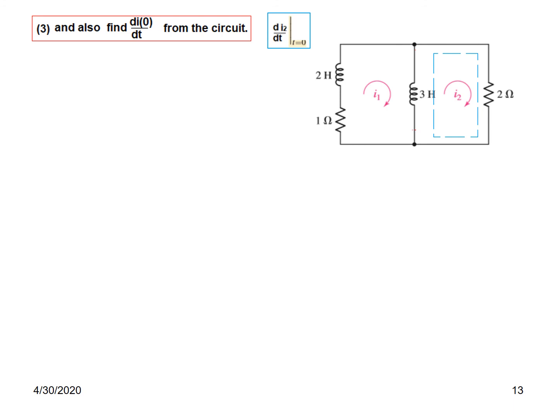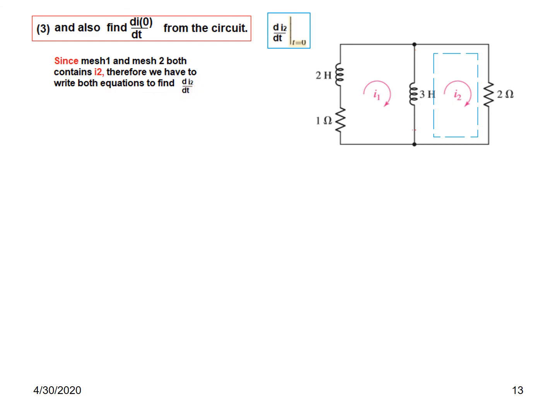If you solve this mesh, you will have I2 minus I1 here. So I2 is involved in both the meshes. Since mesh 1 and mesh 2 both contain I2, therefore we have to write both equations to find di2/dt.